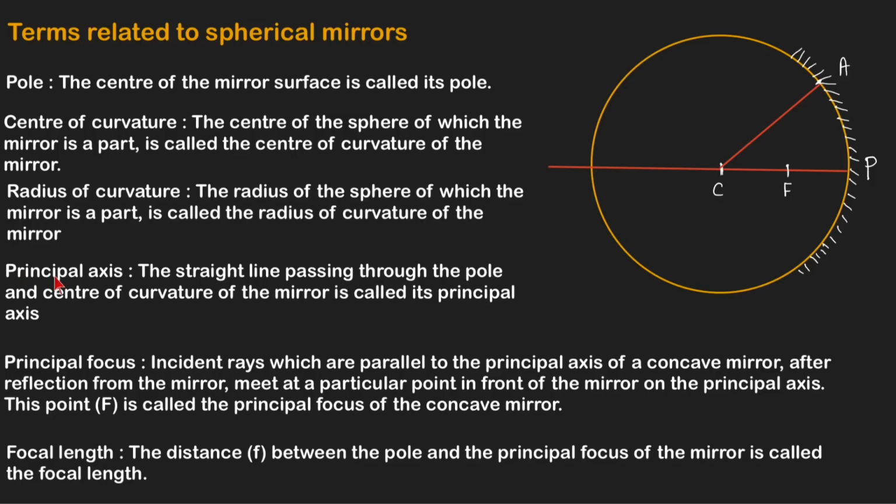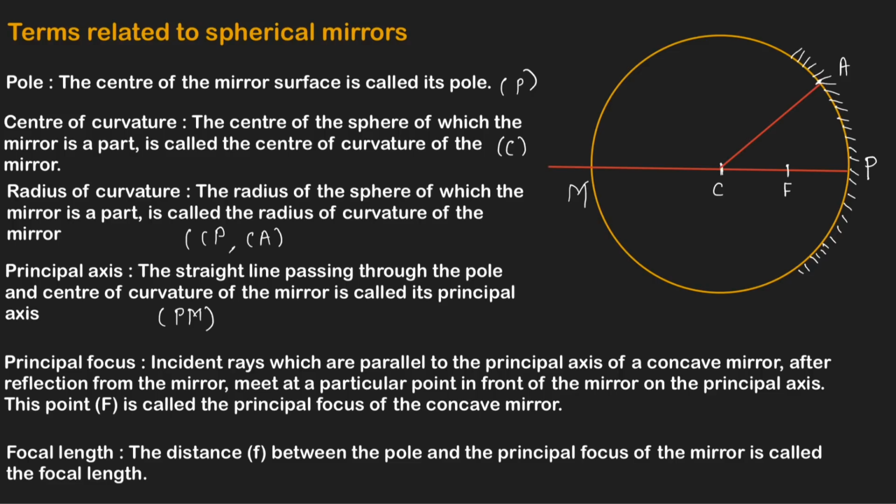The next point is the principal axis. The straight line passing through the pole and the center of curvature of the mirror is called the principal axis. Here I can give a name to the principal axis. PM is the principal axis. Okay, radii of curvature are CP and CA. Pole is P, center of curvature is denoted by C.